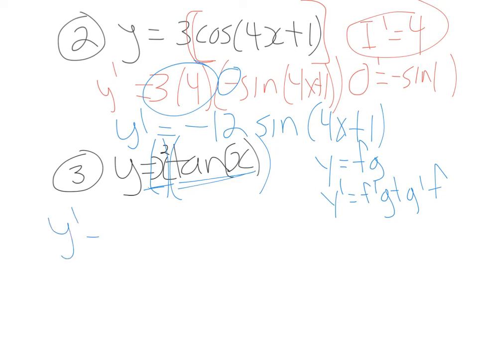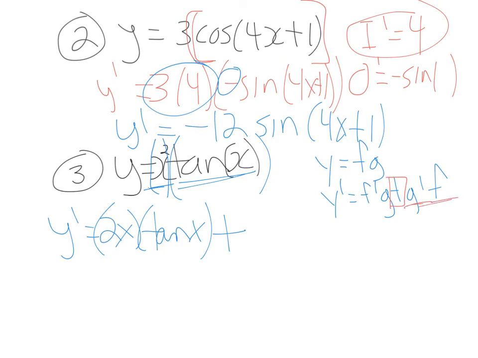So y prime equals, so the derivative of the first is 2x multiplied by the second, tan x, plus. All right, that plus sign is the same as that plus sign, and now I have to do the derivative of the second times the first.